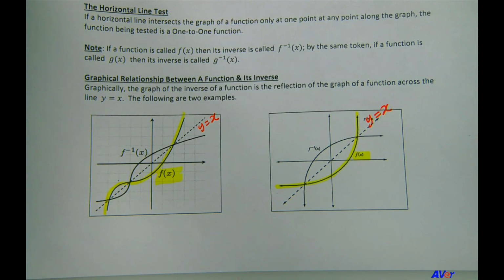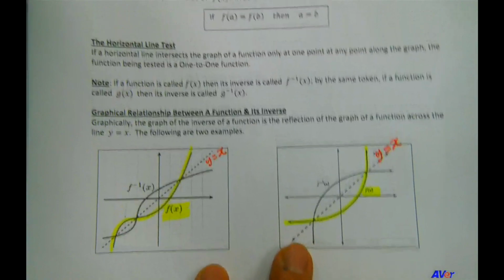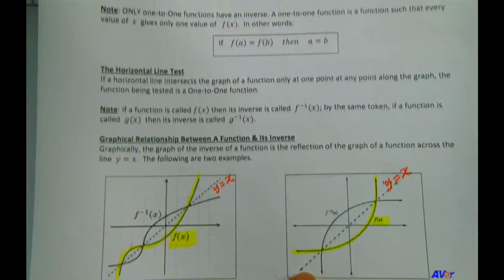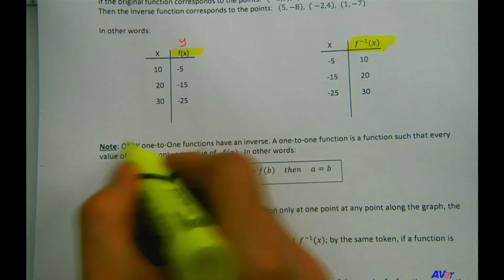All right, so we talked about the graphical connection between a function and its inverse, and we've talked about the numerical connection between a function and its inverse. The other thing that we should know is that only one-to-one functions have an inverse.